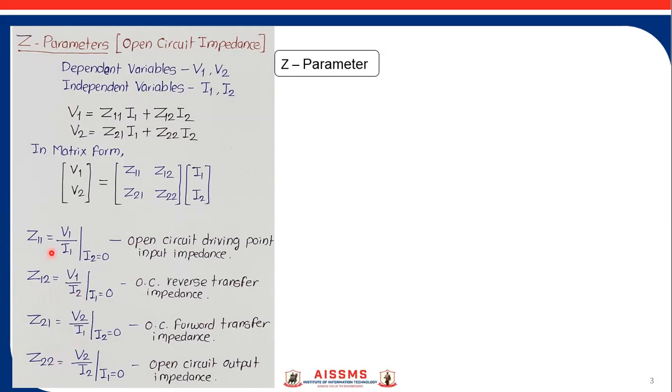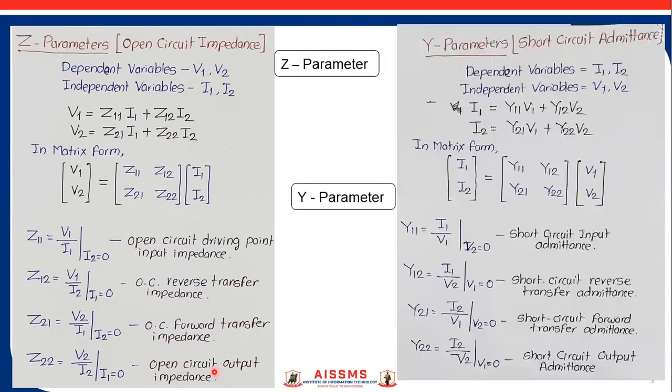Now Z11 is equal to V1 upon I1 when I2 equal to 0, open circuit driving point impedance, it is in ohm. Z12 is V1 upon I2, I1 equal to 0, open circuit reverse transfer impedance. Z21 is V2 upon I1, I2 equal to 0, open circuit forward transfer impedance. Z22 is V2 upon I2, I1 equal to 0, open circuit output impedance. Impedance unit is ohm.